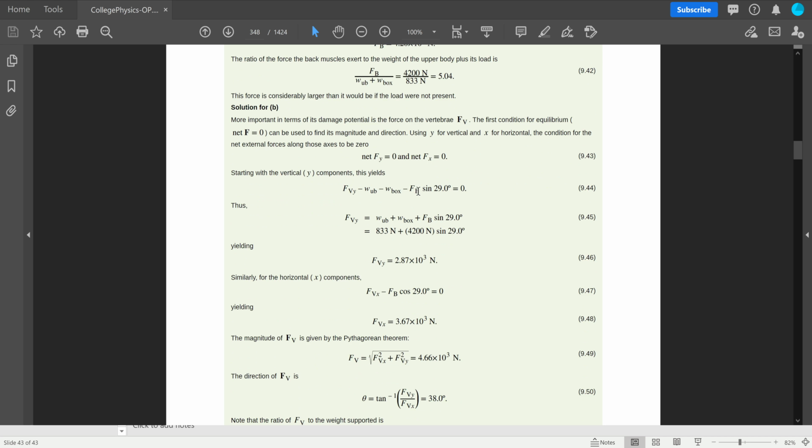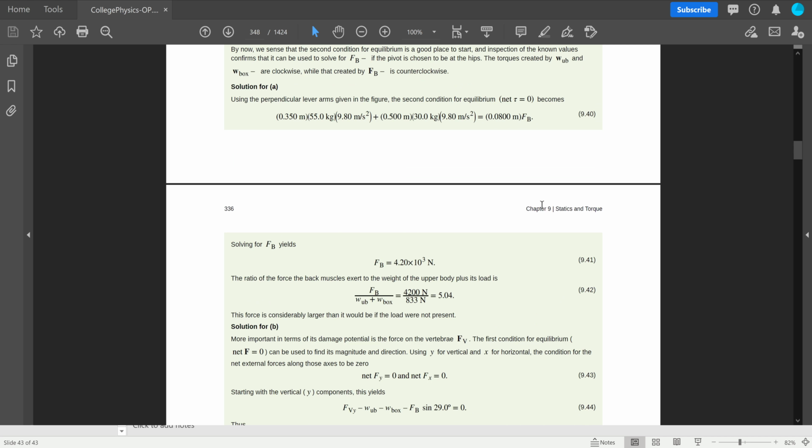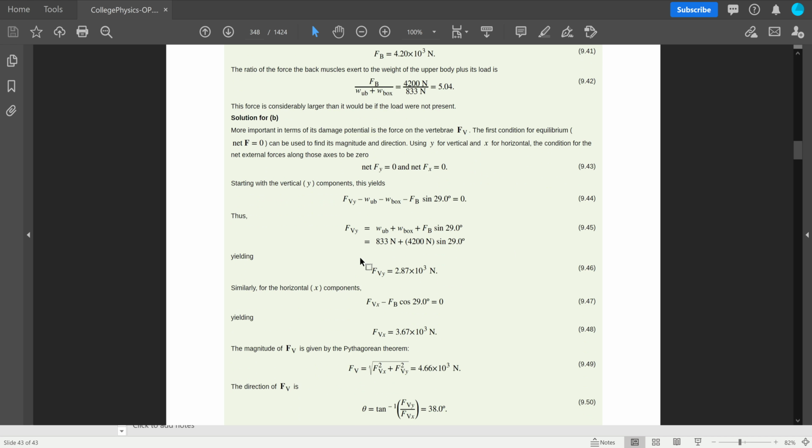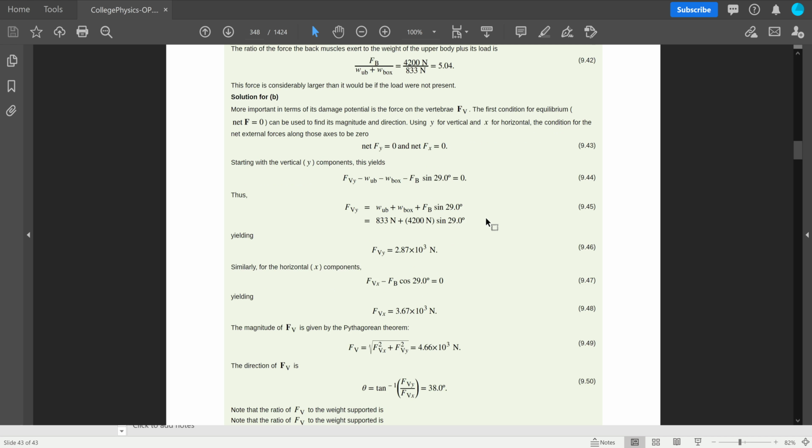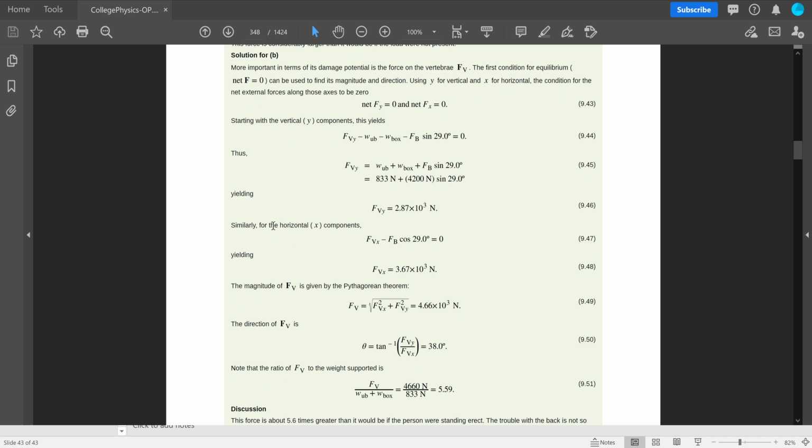So for y components, this yields FBY minus our WUB minus our W of the box minus our FB sine of 29 degrees, because he is bent over at a 29-degree angle here, equals 0. If we're solving for FBY, you move everything else to the right side. So that gives us 2.87 times 10 to the third newtons.